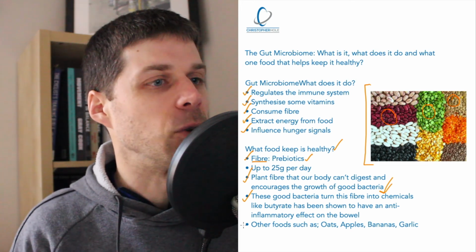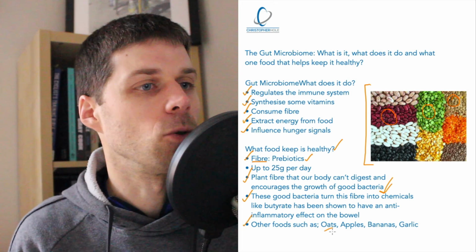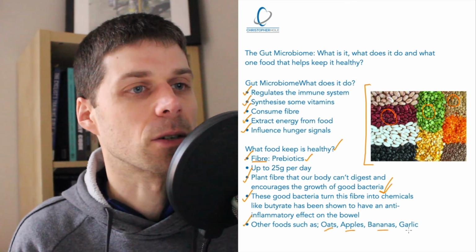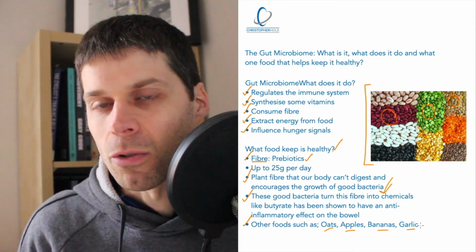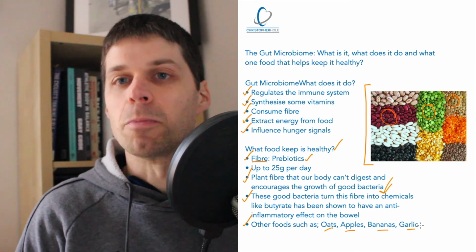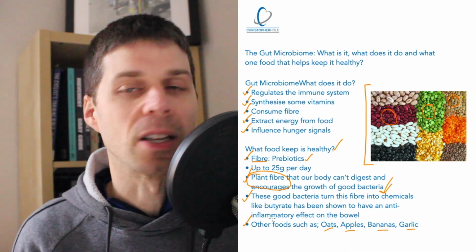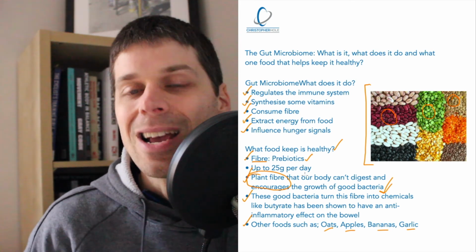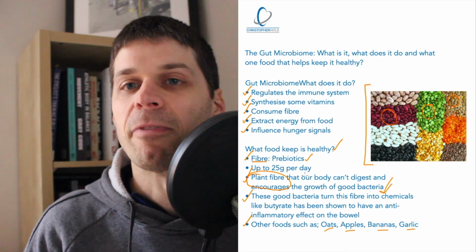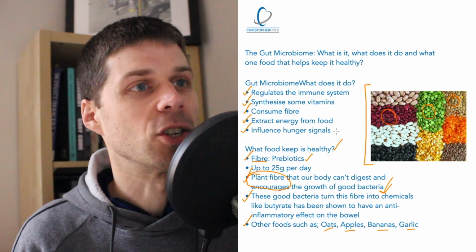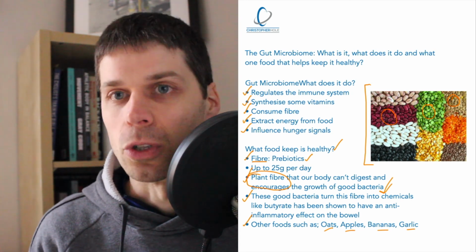And then we've got other foods such as oats, apples, bananas, garlic, but again, we're not going to be eating 100 grams of garlic, but these are foods to be including. So we are looking at plant foods because they've got that plant fiber in them. We just need higher fiber foods. And as I've mentioned, we've got the peas, the beans, the lentils that do that.